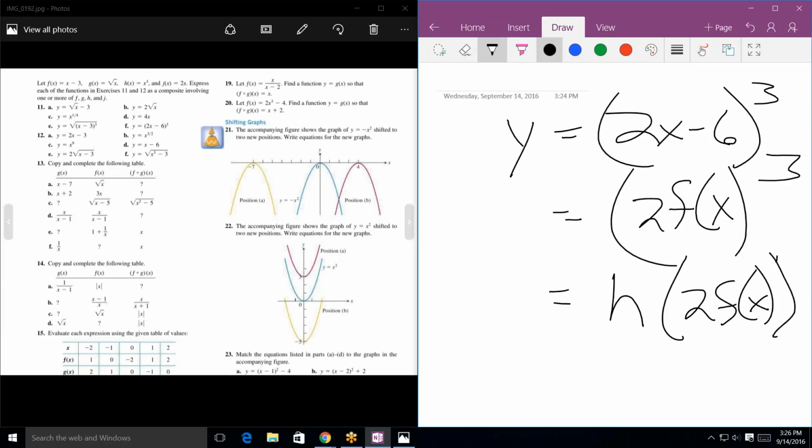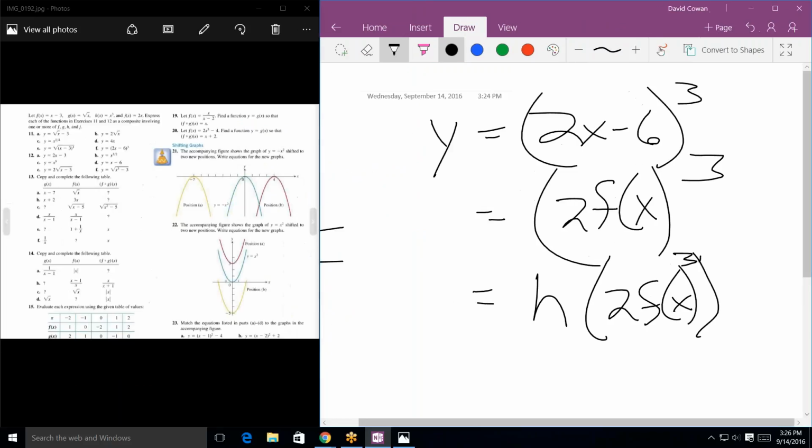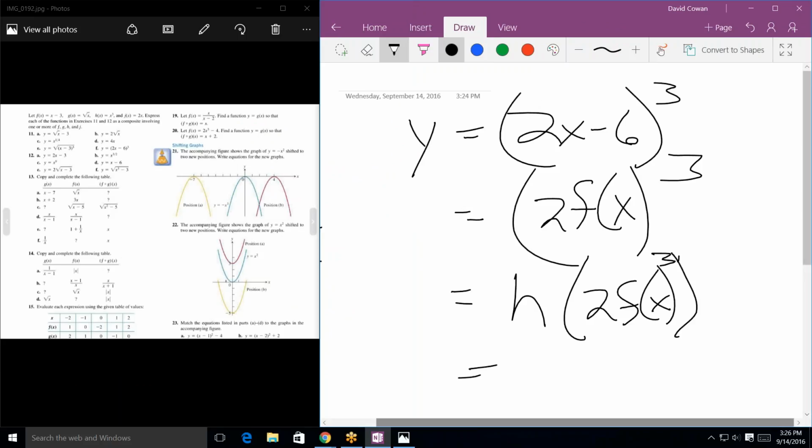In other words, I'm not sure if that's right or not. So let's figure out what this is. That's always the best way to figure out whether you have the right answer or not, is to take what you come up with and expand it. Okay?